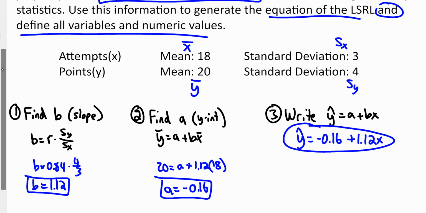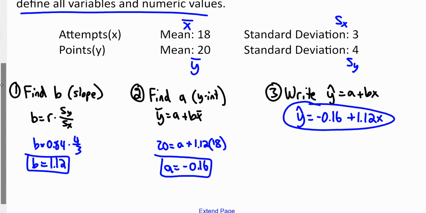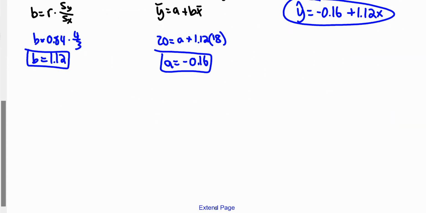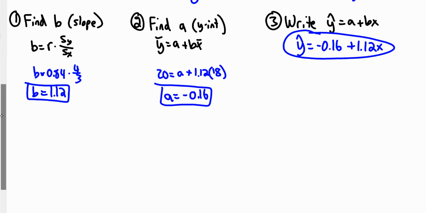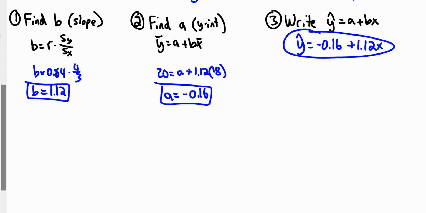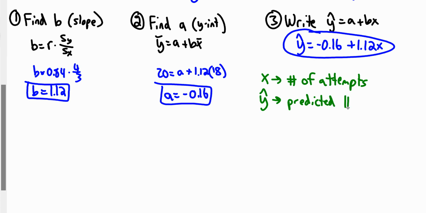But part 2 was define all variables and numeric values. I'm going to do that real quickly here because we talked about this before. So x is the number of shot attempts. Y hat is the predicted number of points scored, depending on the number of attempts.